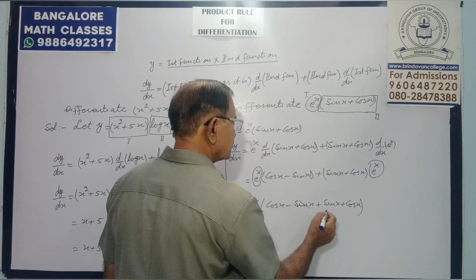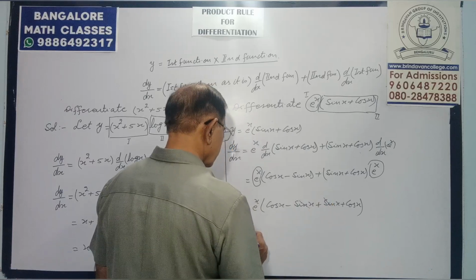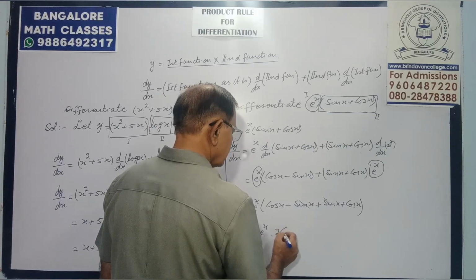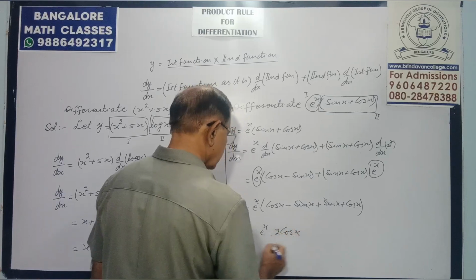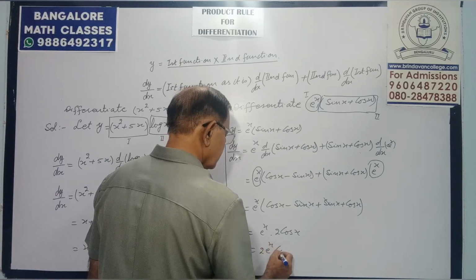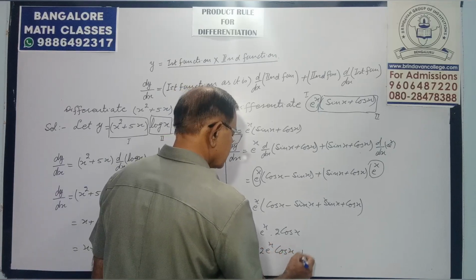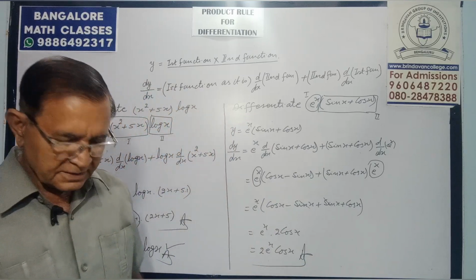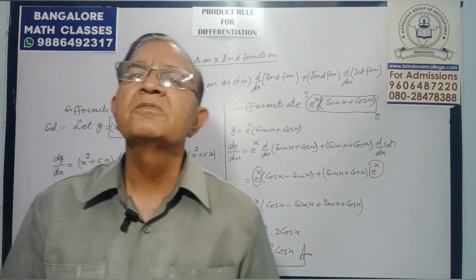Minus sin x plus sin x we can cancel. eˣ times 2 cos x. Thus it is 2eˣ cos x. So like that we can solve the sums.